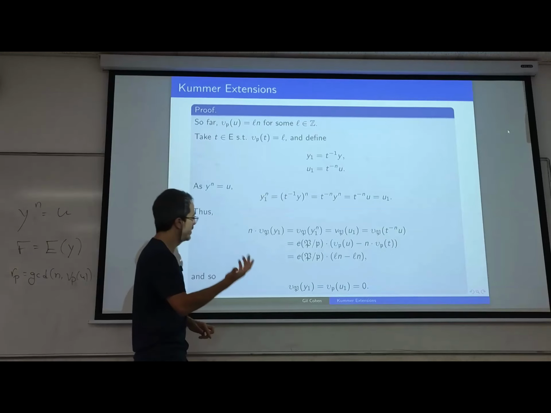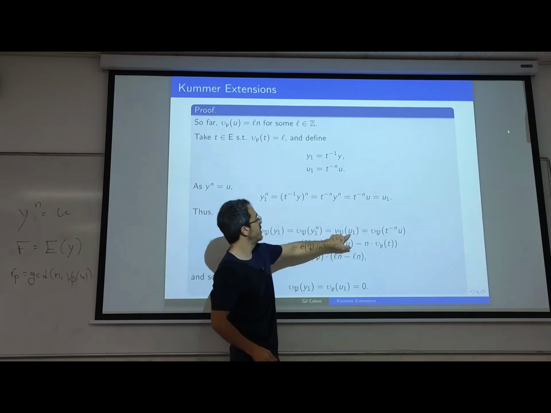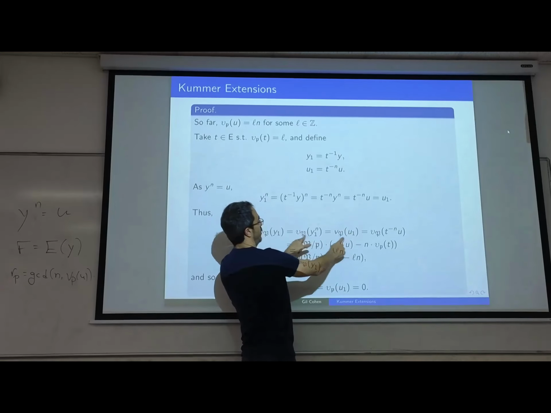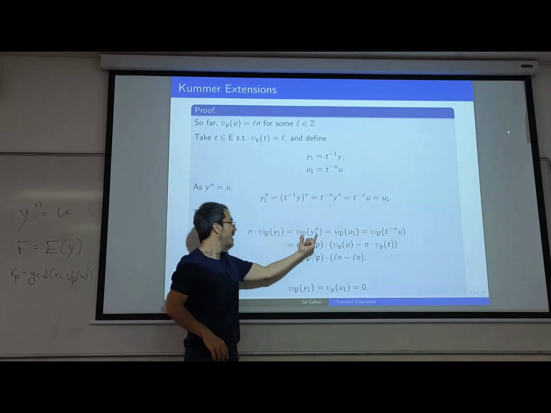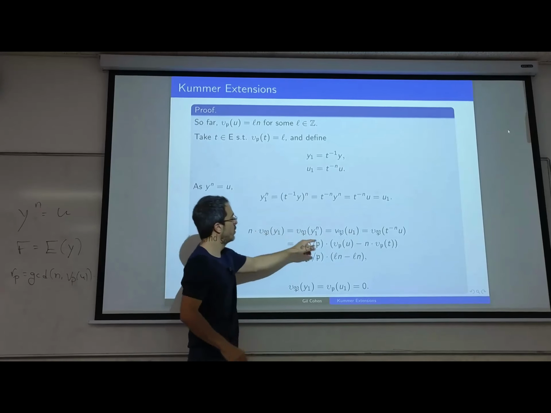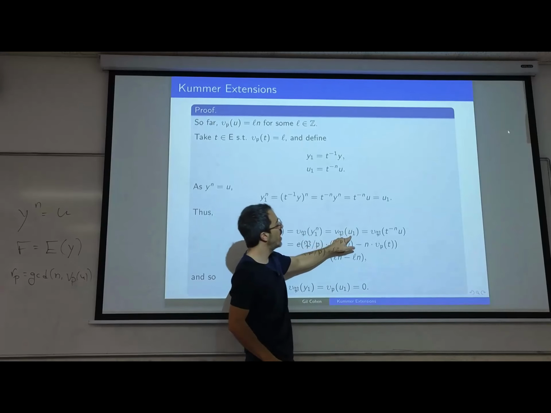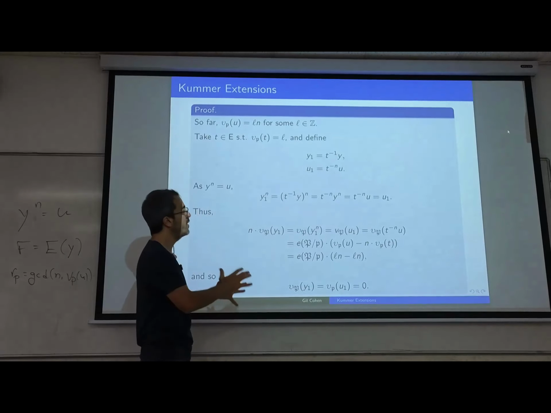And so again, by the usual tricks that we have, y1 to the n is the same element as u1. So their valuations are the same at capital P above little p. On one hand, this is n times the valuation of y1. On the other hand, what is this thing? u1 is u normalized, and everything on this side happens in E, so you can pull away the ramification index and consider the valuation over little p.